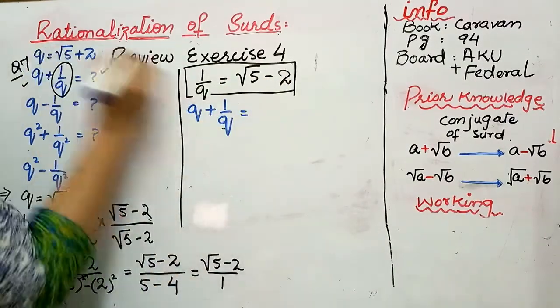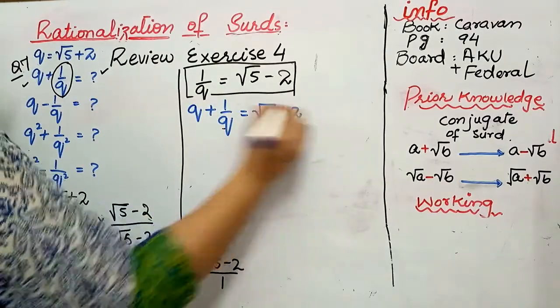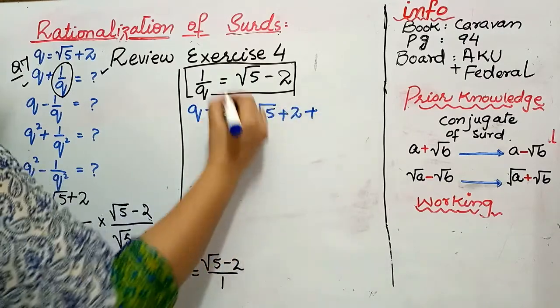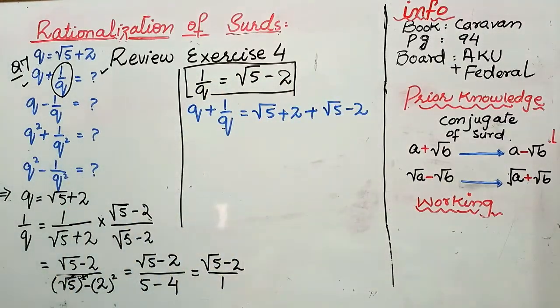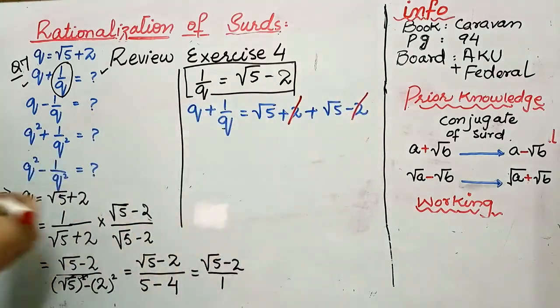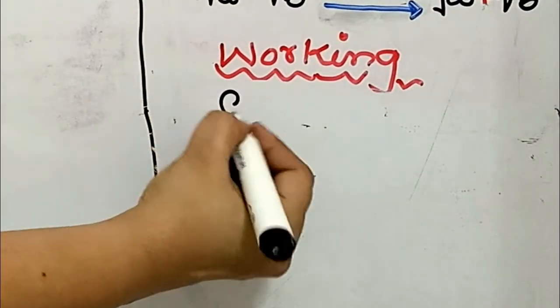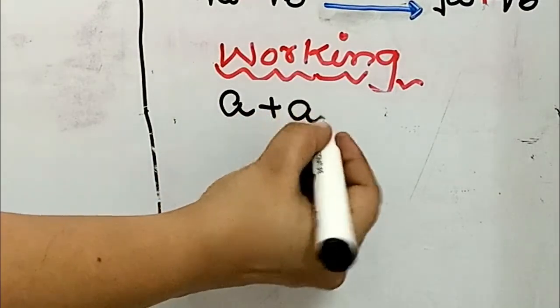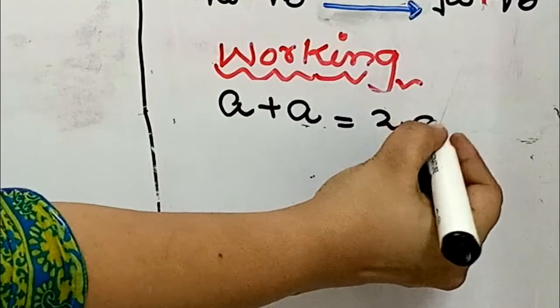Now Q plus 1 upon Q. What is the value of Q? Under root 5 plus 2, plus 1 upon Q is under root 5 minus 2. This positive and negative will be cancelled. I have told you before as well, consider the surd as a variable. If I have a plus a, the answer will be 2a.